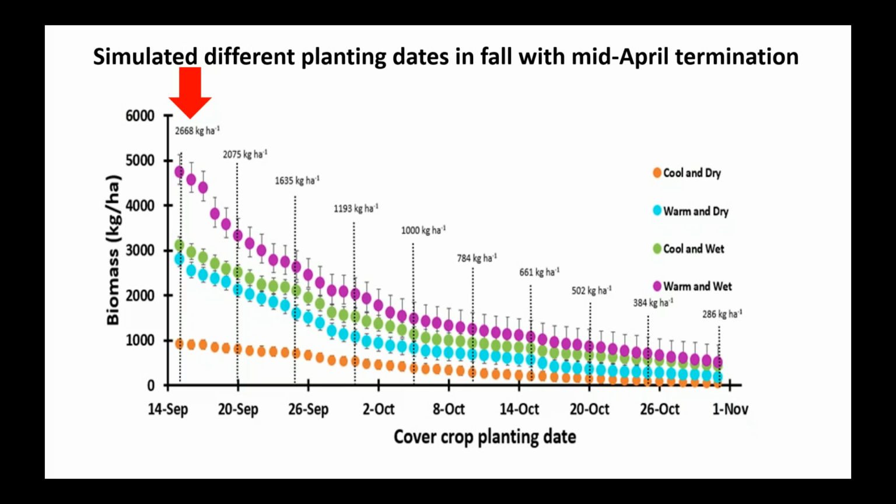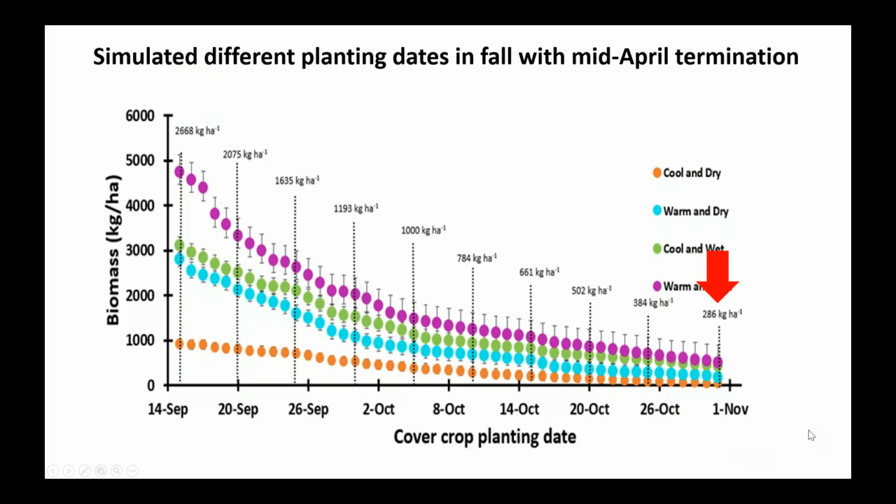And I want to start at the high end, right? So if you were able to plant consistently, again, these are run for 30 years, taking the averages and then sorting them by the different weather seasons. So if we think about consistently planting a cover crop on the 15th of September and terminating it by April 15th, then you're looking at about 2,700 kilograms per hectare, about 2,500 pounds per acre on average.